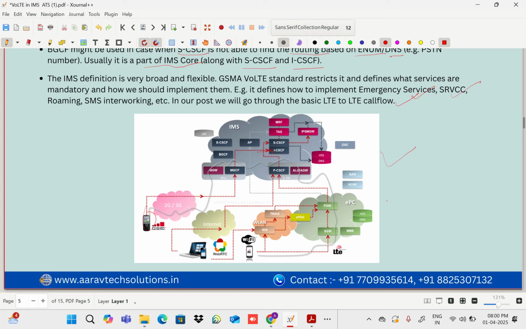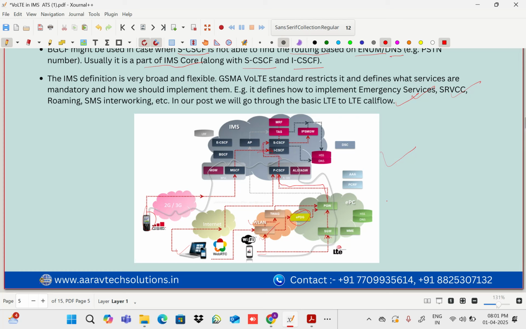And here, the non-trusted network, Wi-Fi, WebRTC, WLAN, the ePDG is connecting for Wi-Fi, acting as a gateway to the PGW. And this is our LTE, which is directly connected to the SGW, PGW and its P-CSCF towards here.